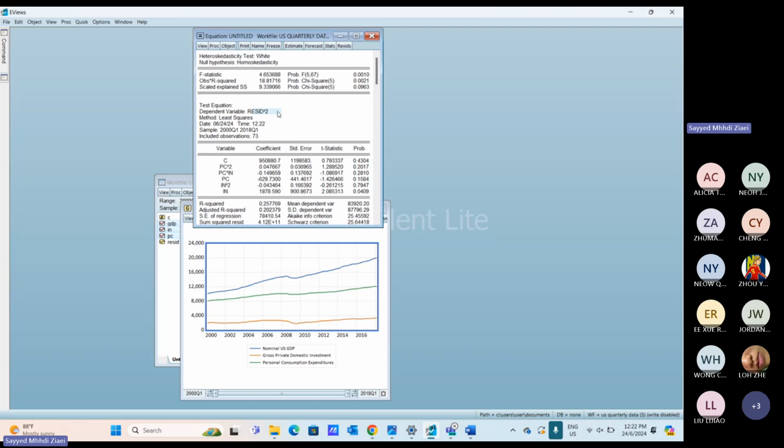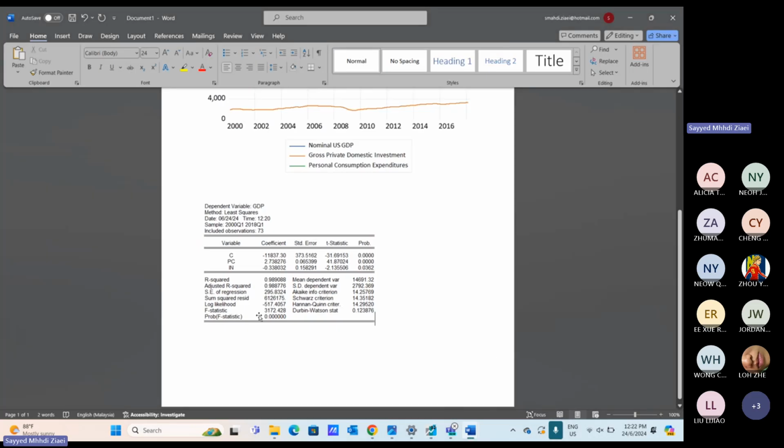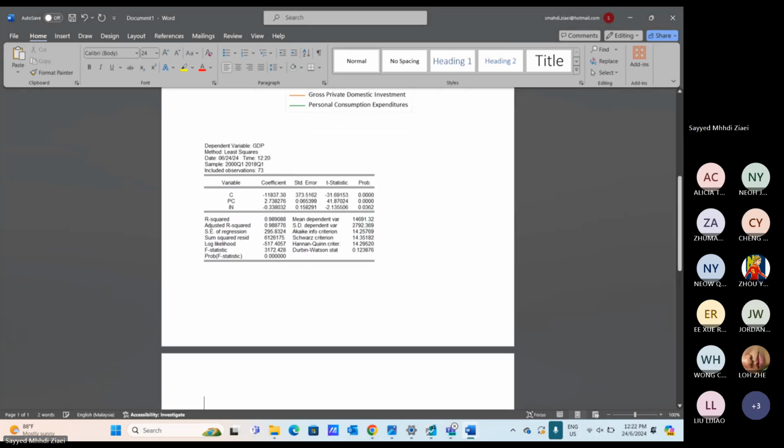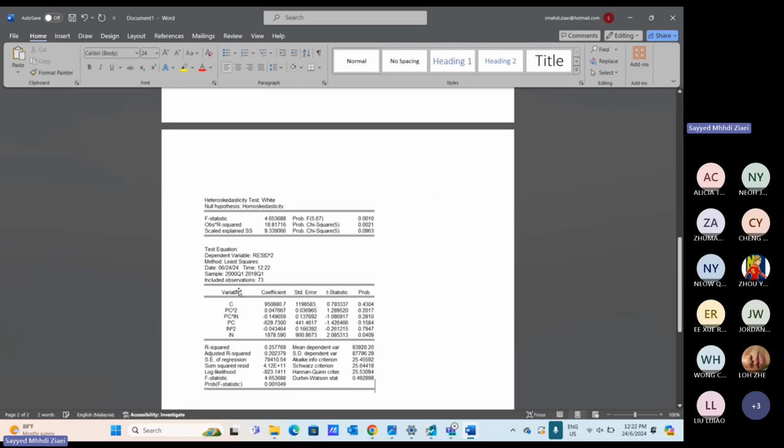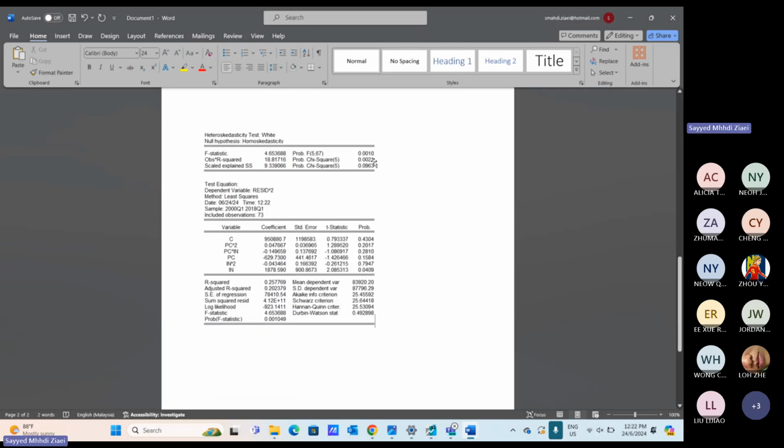So I'm going to make a copy of the White test and paste it here. The White test result shows that the p-value is less than 5%. So we should reject the null hypothesis.